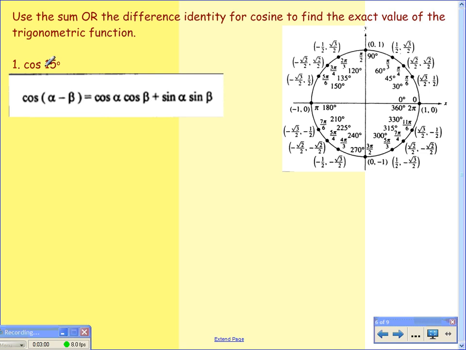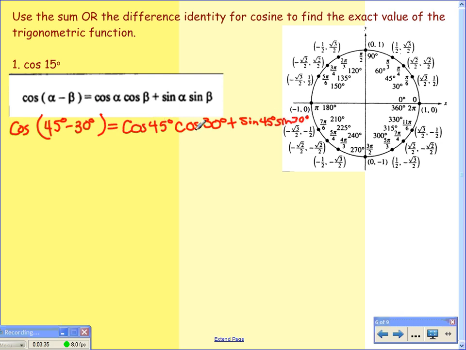Okay, on this one we're looking for the cosine of 15 degrees. So 15 is not on our unit circle, so we want to use two angles on our unit circle that will give us 15 degrees. So we're going to use the cosine of 45 degrees minus 30 degrees. Okay, so if we look on our unit circle, cosine 45 degrees, cosine 30 degrees, plus sine 45 degrees, sine 30 degrees.